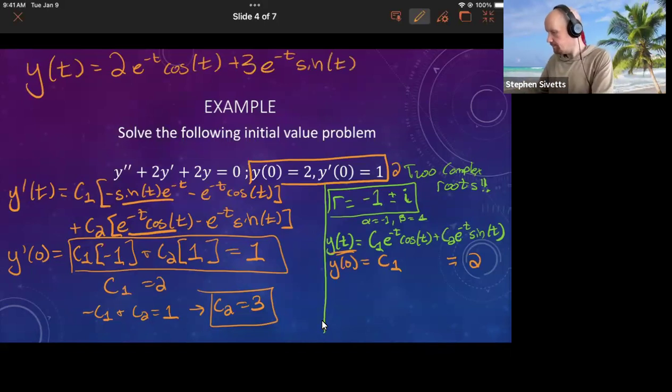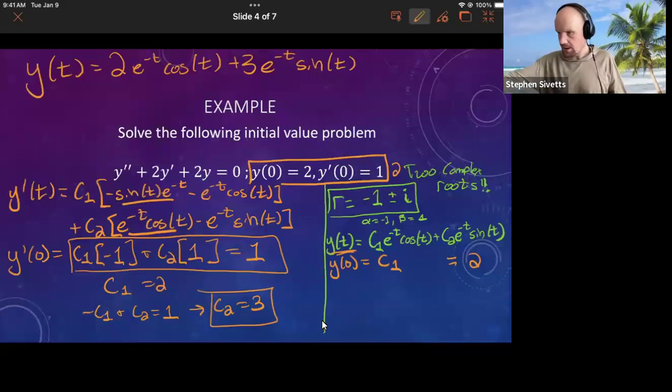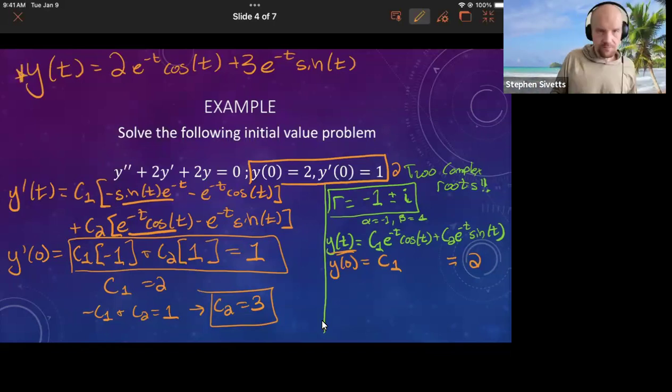And I just got to double check to see the solution was right. C1 is 2 and C2 is 3. Okay, great. So there is that example.